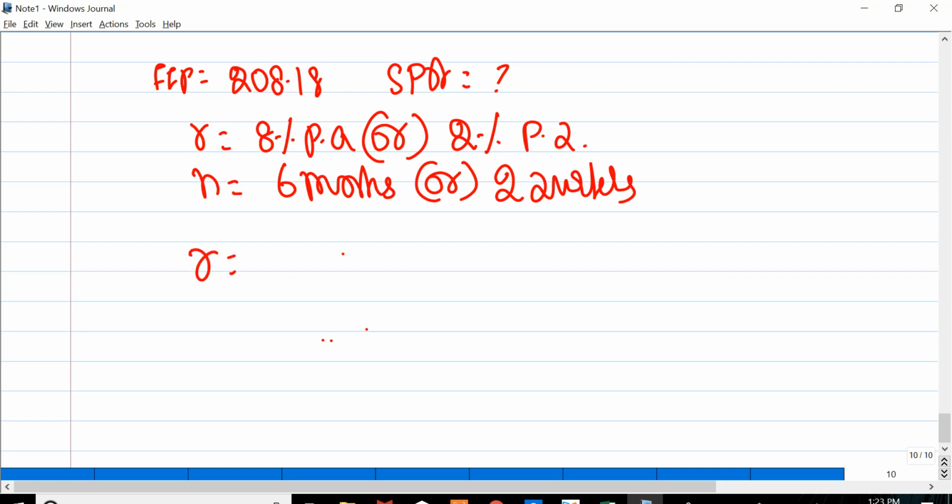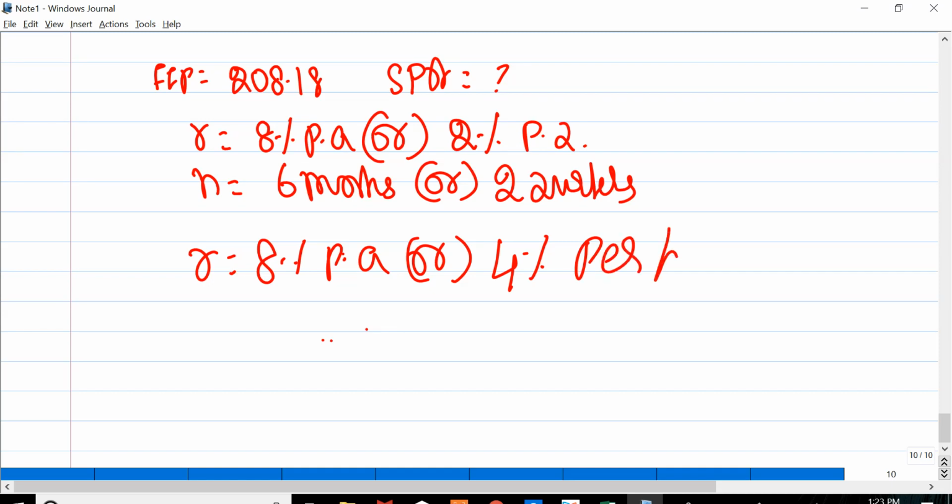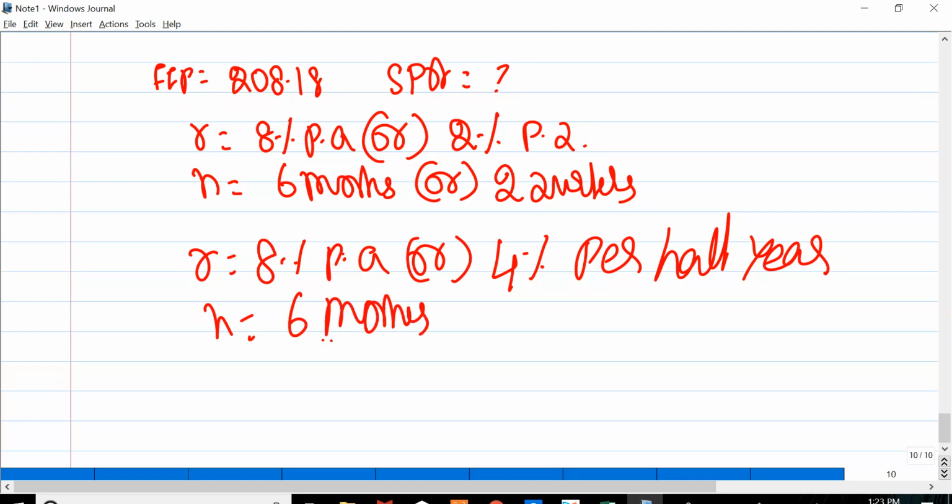Now R is 8% per annum, or 4% per half year. N is equal to 6 months, or 1 half year.